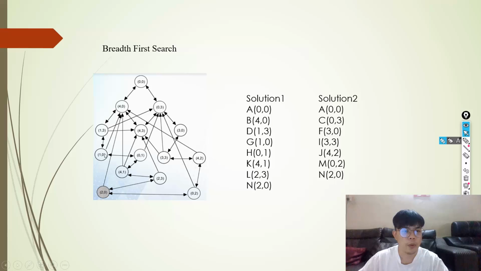Next, we pour the Y bucket into the X bucket, so it will be (1, 0). Then the Y bucket is filled up again, so it turns out to be (1, 4).